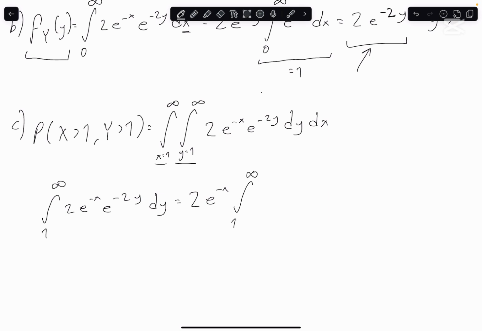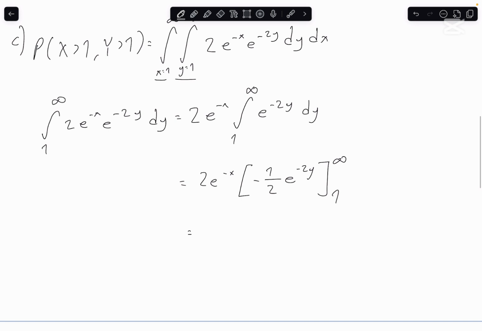Integration over 1 to infinity of 2 e to the power of minus 2y dy equals 2 multiplied by e to the power of minus x times minus 1 over 2 e to the power of minus 2y, evaluated from infinity to 1, and this equals e to the power of minus x times e to the power of minus 2.